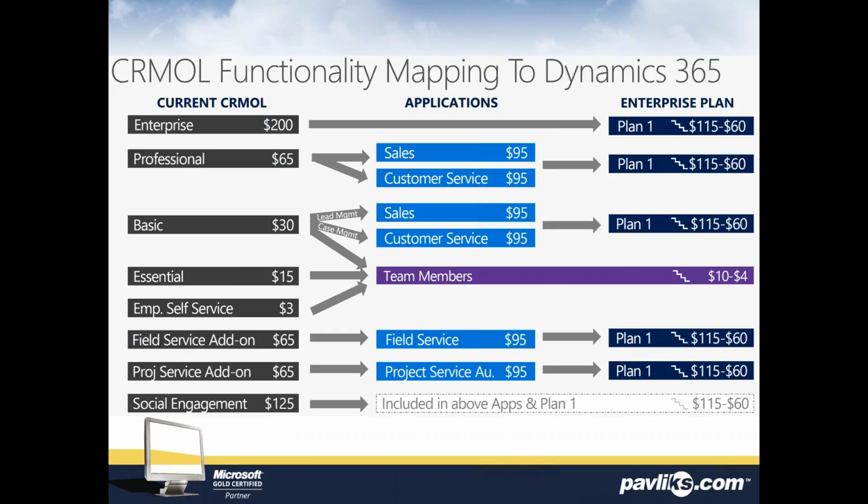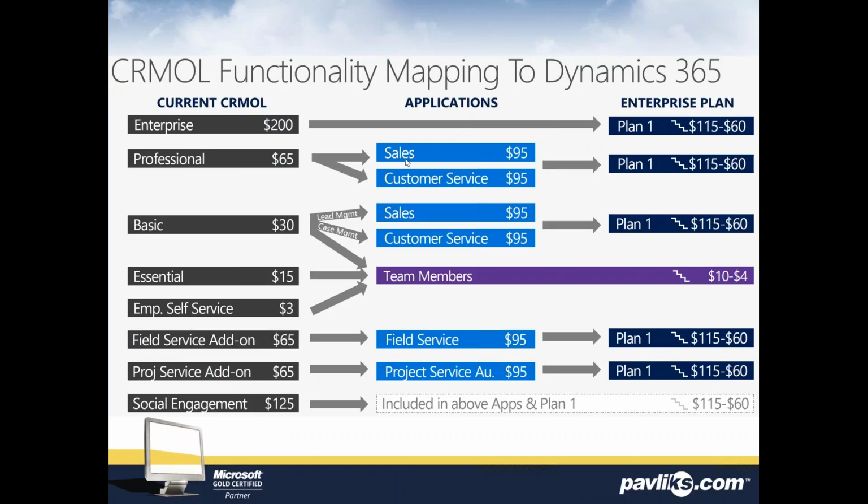Now, the street price of Dynamics 365 is substantially higher than what you're currently paying, and Microsoft has decided to lessen the blow. They have created a 3-year transition pricing option where you don't suddenly go from paying, off the top of my head, $68 a month for a Professional CAL to suddenly having to pay, in US dollars, from $65 to $115 for a plan and have the same functionality.